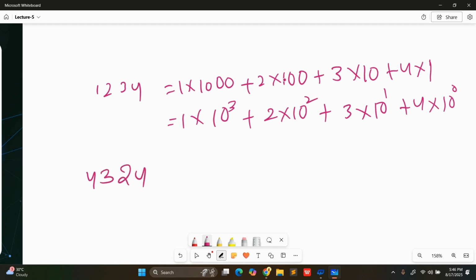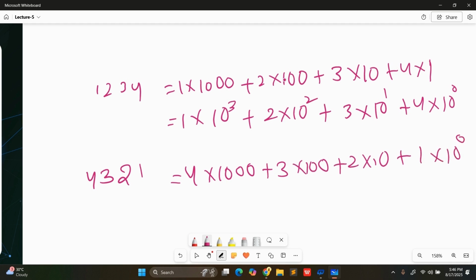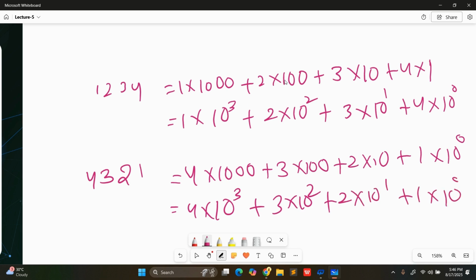It would be 4321, right? So the expanded form of this number would be 4 into 1000 plus 3 into 100 plus 2 into 10 plus 1 into 10 power 0. In terms of powers of 10, it would look like this: 3 into 10 power 2 plus 2 into 10 power 1 plus 1 into 10 power 0.